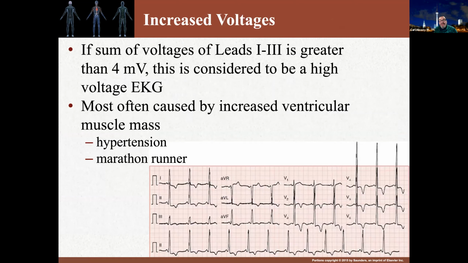Another thing which happens is increased voltages. If the sum of the voltages in leads 1, 2, and 3 is greater than 4 millivolts, we say that we have a high voltage EKG. And this is usually the result of a significantly increased ventricular muscle mass.